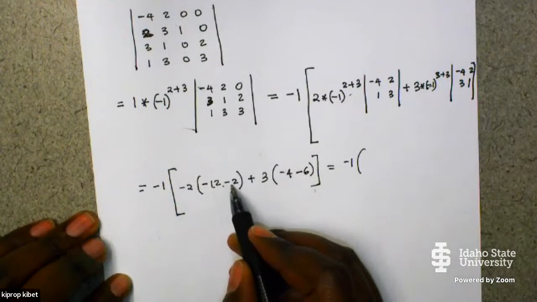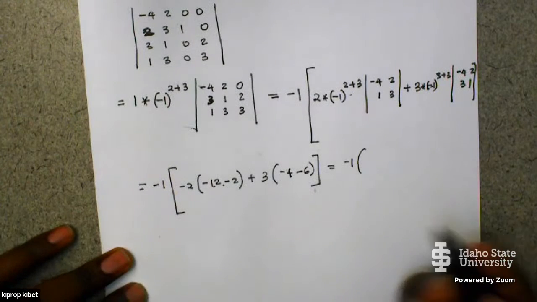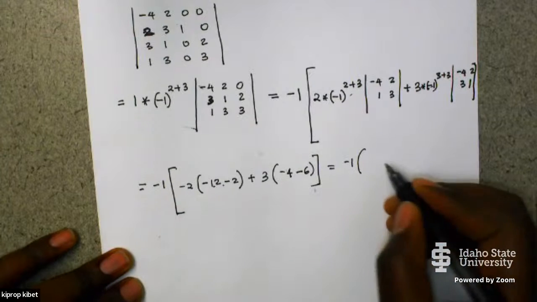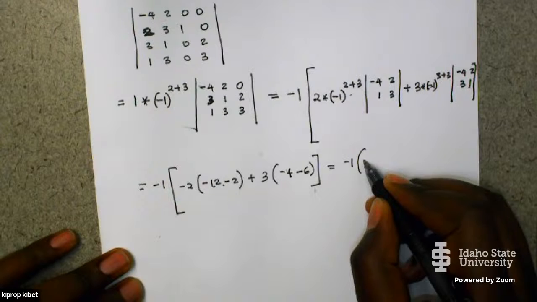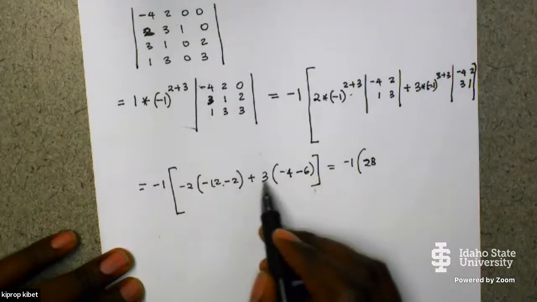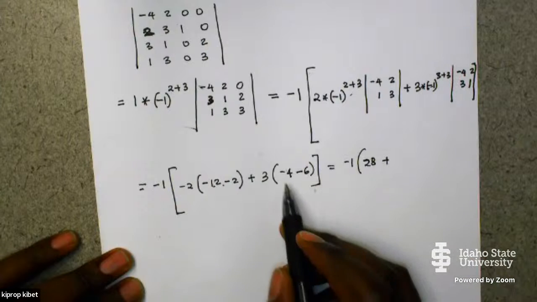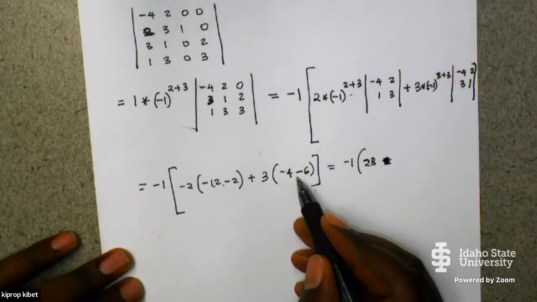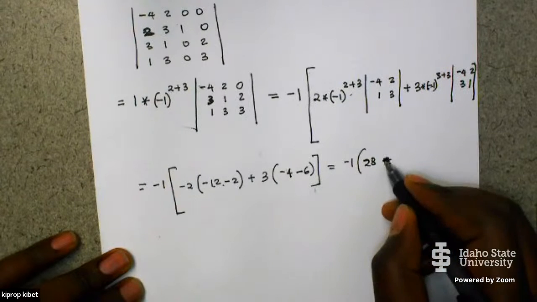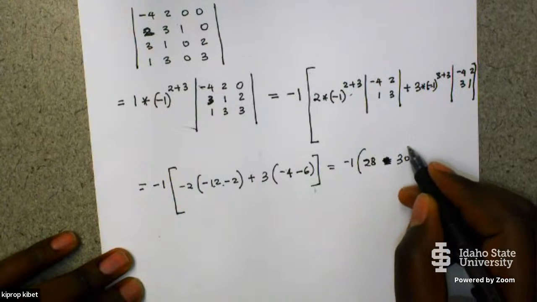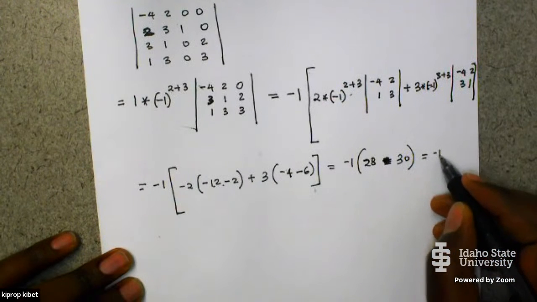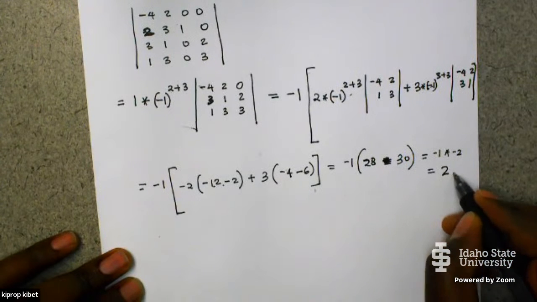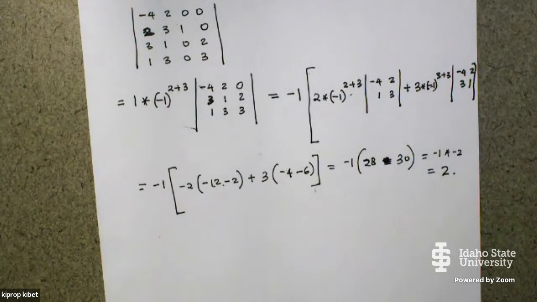So -12 -2 is -14. -14 multiplied by 2 is -28. Then plus, so -4 -6 is -10. So this is -30. So this is giving us -1 multiplied by -2, which is giving us 2.